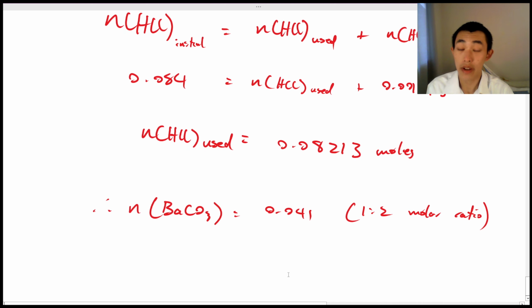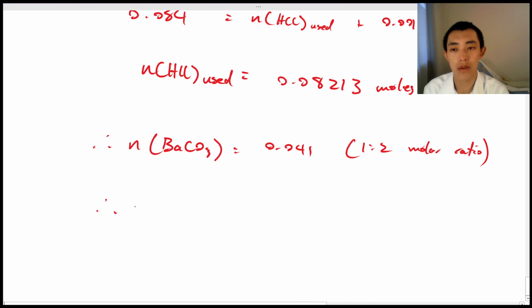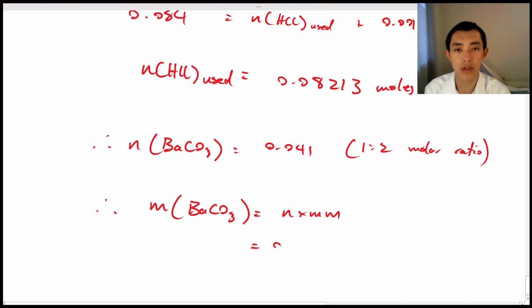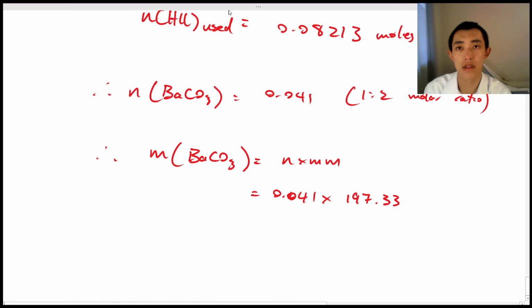So let's figure out the mass of this. The mass of the barium carbonate is equal to the moles times the molar mass, which is 0.041 times the molar mass, which gives us 8.1 grams.